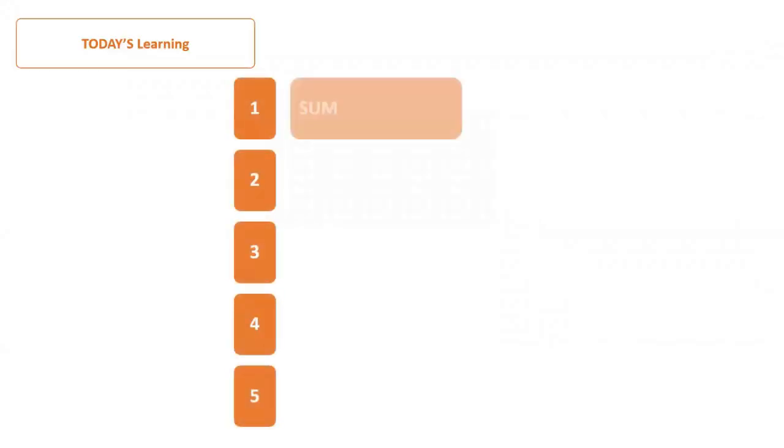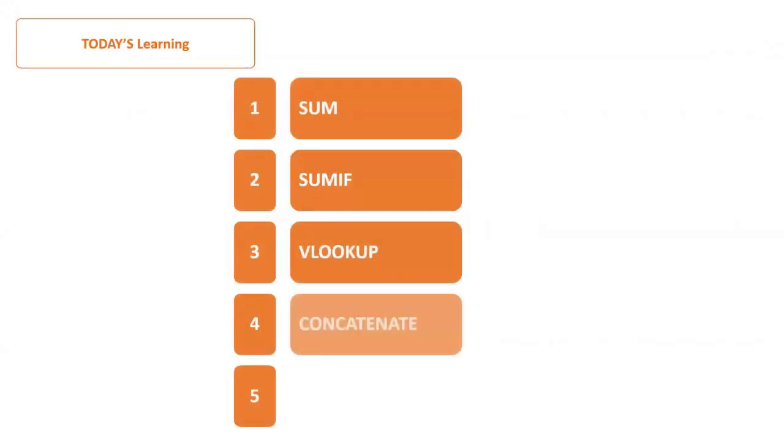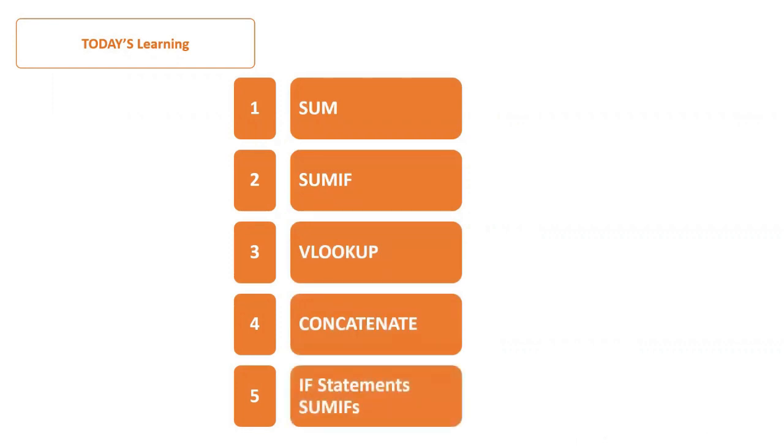Today we're going to discuss our top 5 formulas or functions that we use in Excel. I've tried to select the ones which I felt were the most useful for the vast number of our population within the group. So the first one is Sum, the second is Sumif, the third one is the very famous Vlookup.